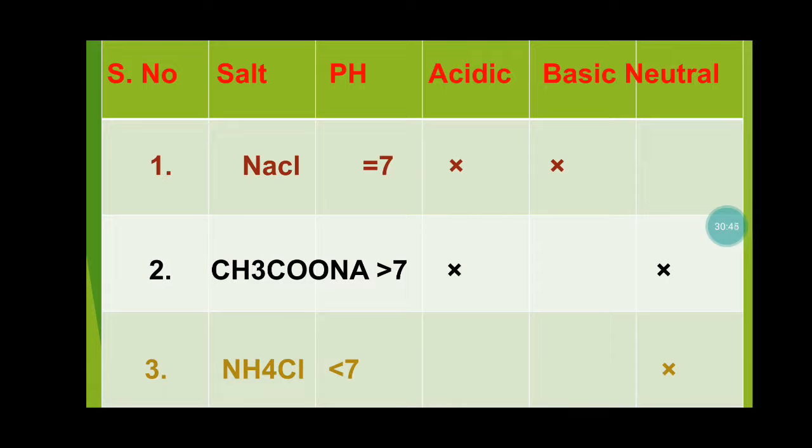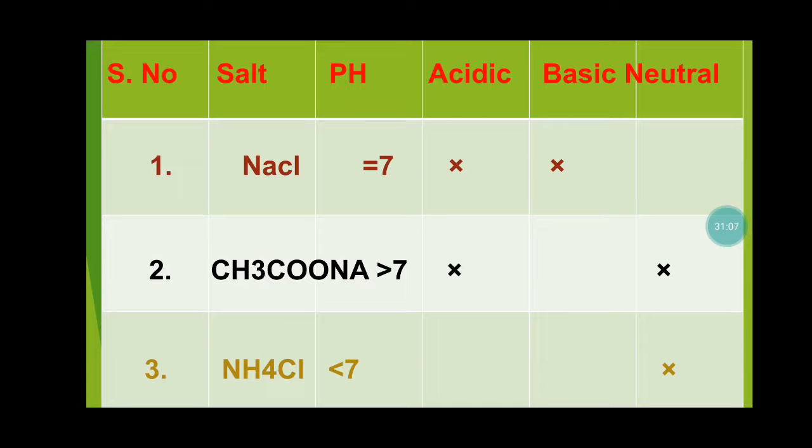Whenever you dip a pH paper in sodium acetate solution, you will get a pH value greater than 7. That means it is a basic salt. Why is it basic? You can think about it very easily, as the ions involved in this reaction are acetate.